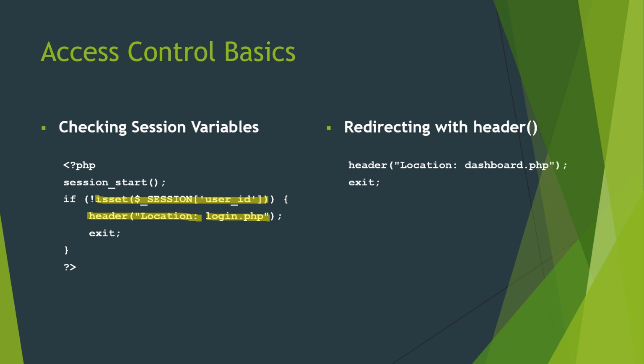This function will send the HTTP header to the browser, telling it to go somewhere else. In the second example here on the right, say they did authenticate and the user was logged in, then maybe we would redirect the user to the dashboard. Now, don't forget the exit, because exit stops the script from continuing.